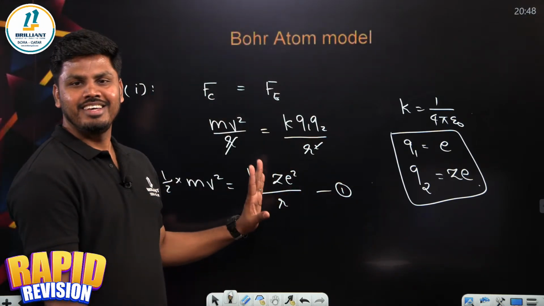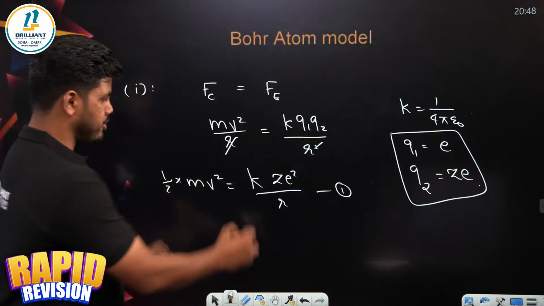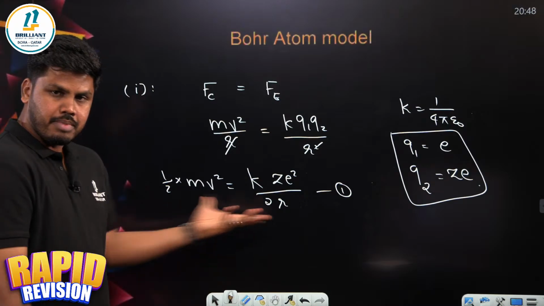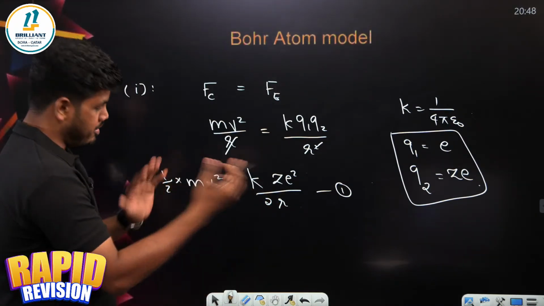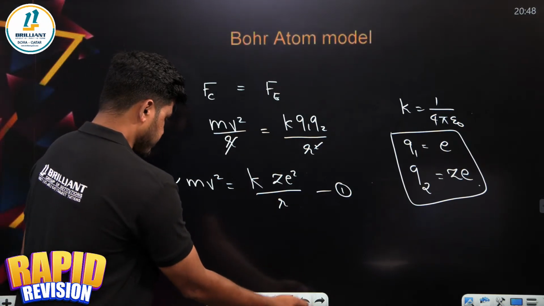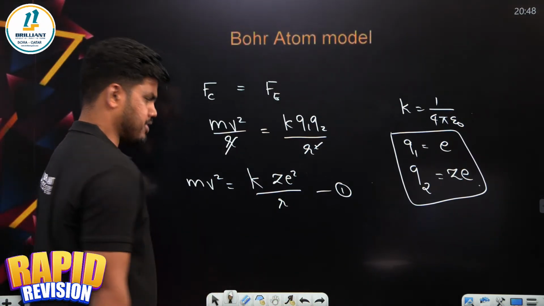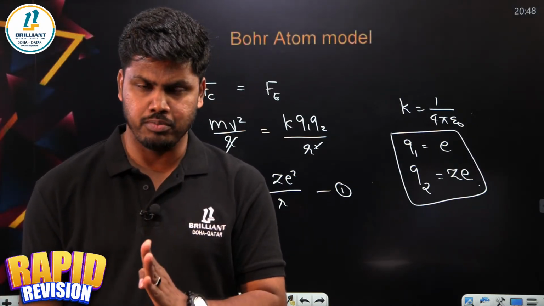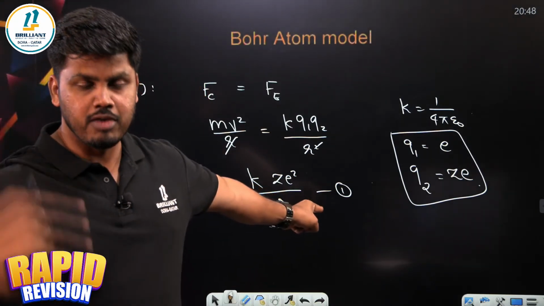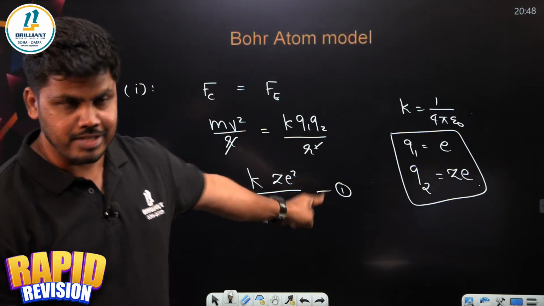You directly get kinetic energy. You have to multiply by 2 on the other side also. Then it's balanced. That is the kinetic energy expression of an electron in an orbit. We'll come to that later. Anyway, this is the first postulate. Whenever I am talking about the first postulate of the Bohr atom model, this equation should come to your mind: mv square is equal to kZe square by r.